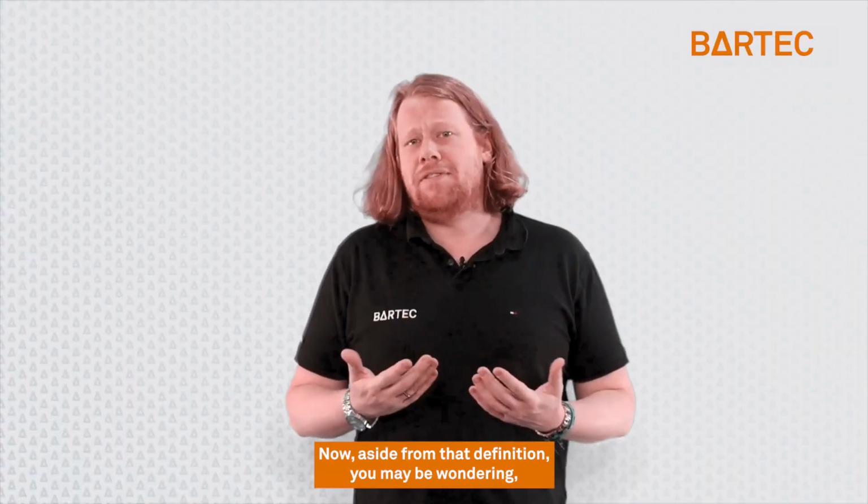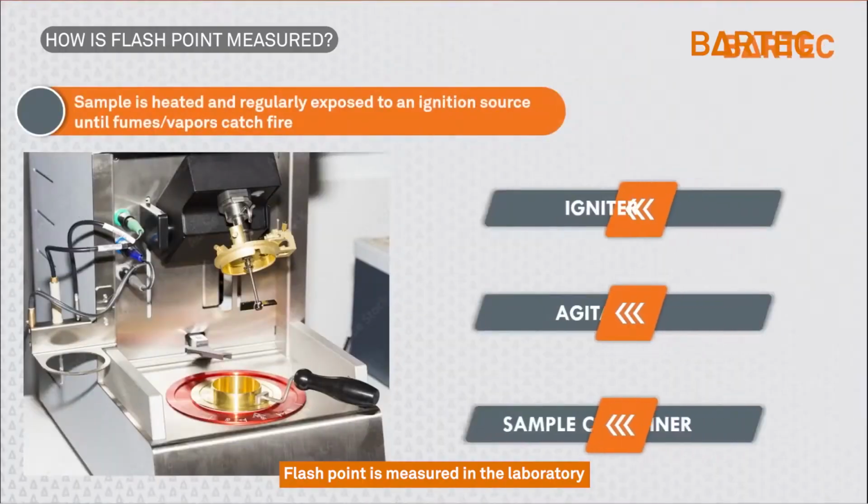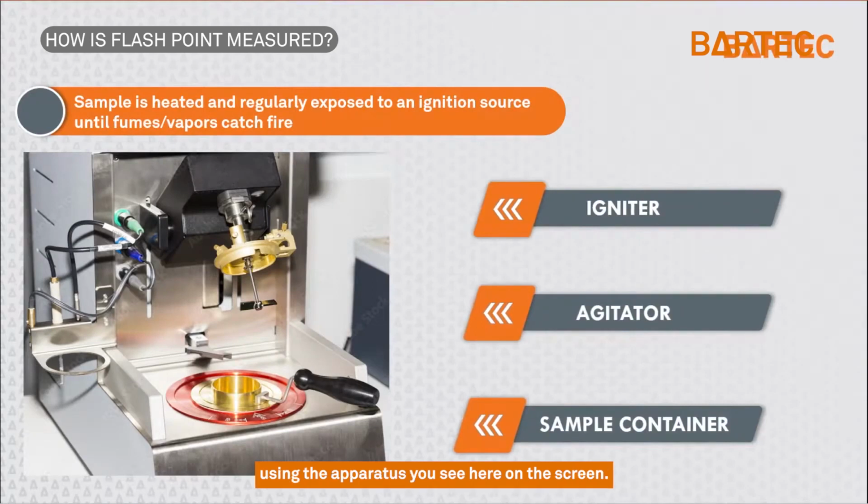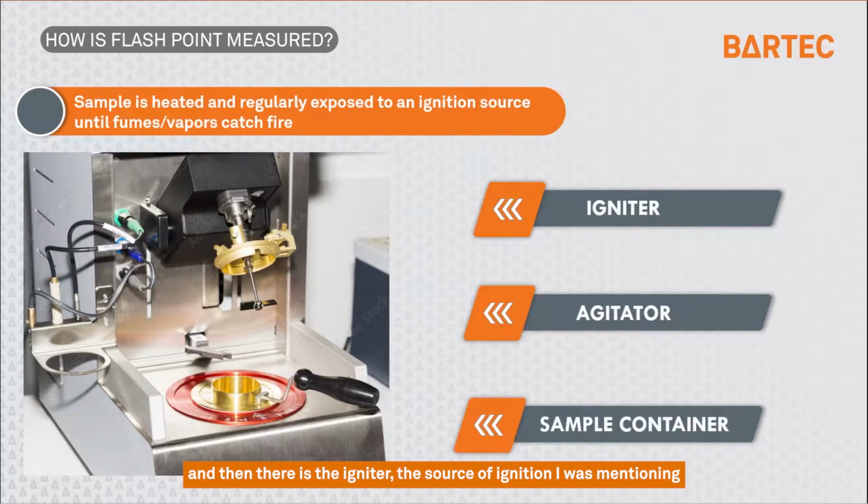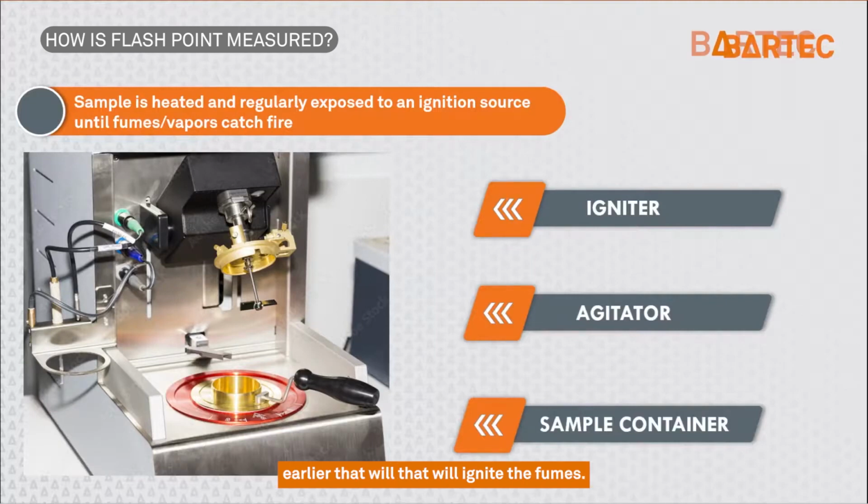Now, aside from the definition, you may be wondering, how is flashpoint measured? Flashpoint is measured in the laboratory using the apparatus you see here on the screen. In a nutshell, a sample is put in a container. This container is heated so that the fumes of the liquid get released with the help of the agitator, and then there's the igniter, the source of ignition I was mentioning earlier, that will ignite the fumes.